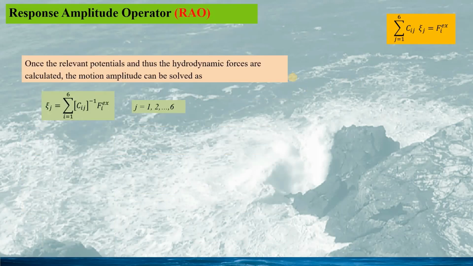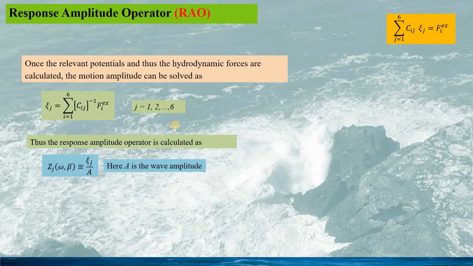So from the frequency domain dynamic equation given as this, we can easily calculate the motion amplitude mathematically given in this formulation. Here, Cj is the complex motion amplitude. As a convention, the response amplitude operator is normally given as this, Zj equaling Cj divided by A, the wave amplitude.